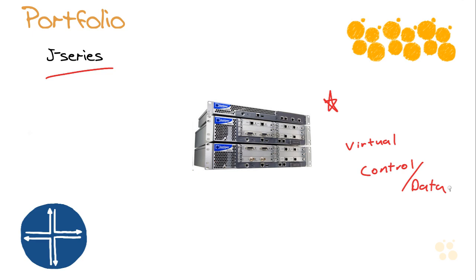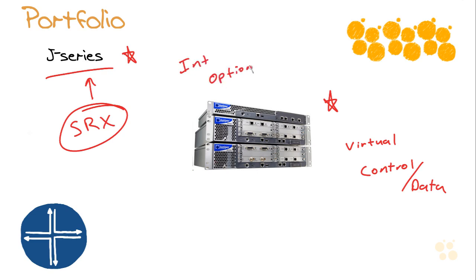Now, many of you at this point are saying, wait a minute here. If I'm going to go with something like a J series, I would probably want to go instead with the SRX devices. And we'll talk about these in a moment. They do indeed compete head on with the J series. The SRX series devices, though, are not going to have the interface options that we have with the J series.